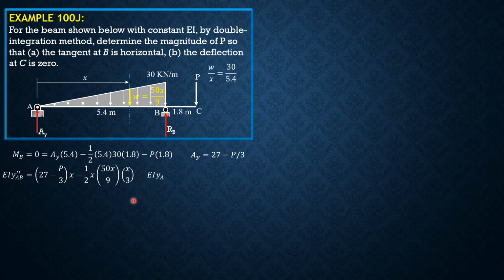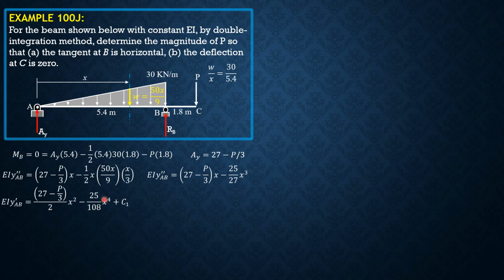Simplifying, EI Y double prime AB is quantity 27 minus P over 3 X minus 25 over 27 X cubed. Then integrate. EI Y prime AB is quantity 27 minus P over 3 times X squared over 2 minus 25 X to the 4th over 108 plus C sub 1.